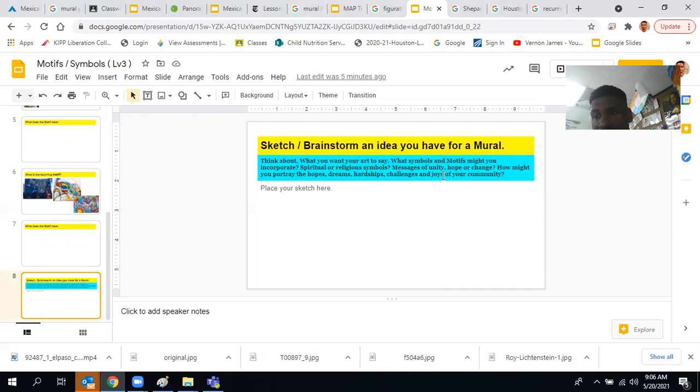So those are big ideas, but what picture, what motif, or what symbol could you add to your sketch from yesterday to convey the message that you want to convey?